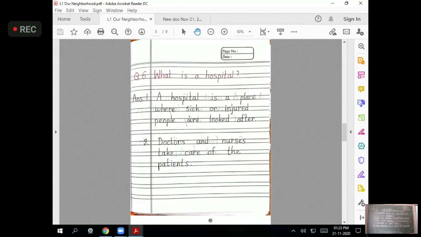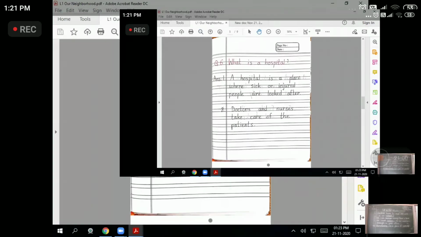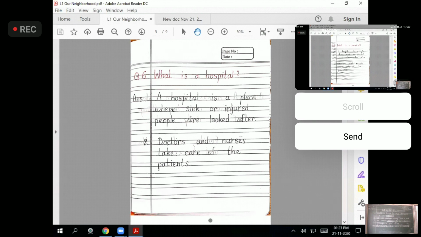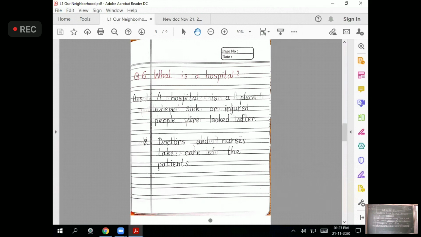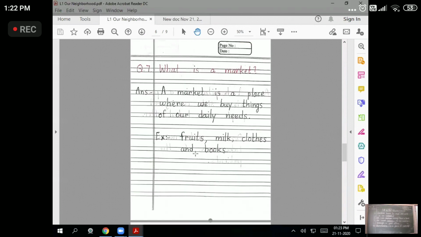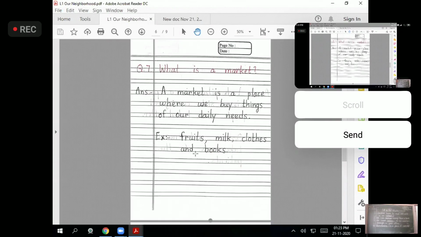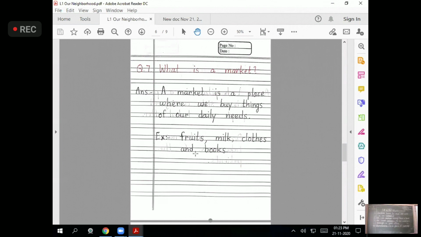Next, sixth question and answer. Seventh question and answer.